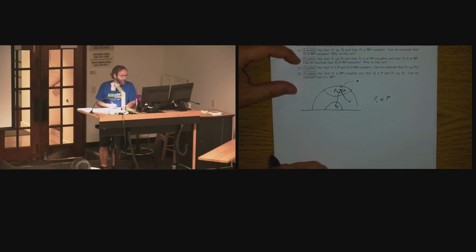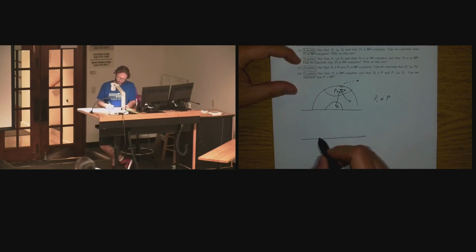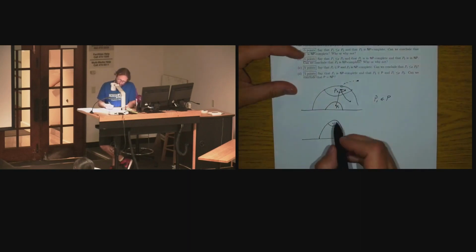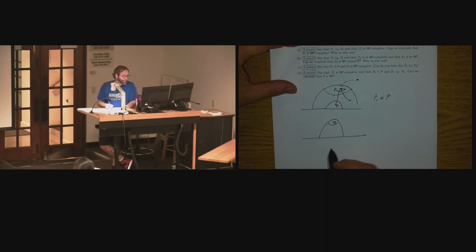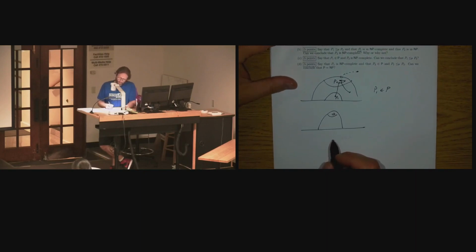Same thing, but P1 is NP complete, and P2 is in NP. Can we conclude that P2 is NP complete? So P1 is NP complete. And P2 is somewhere in here, so it's not out here.